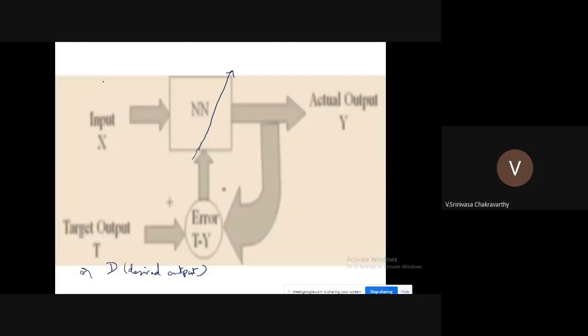So how do we do that? Let us first do it for one neuron. We train the network, or change the weights, so that the actual output y comes close to the desired output d.